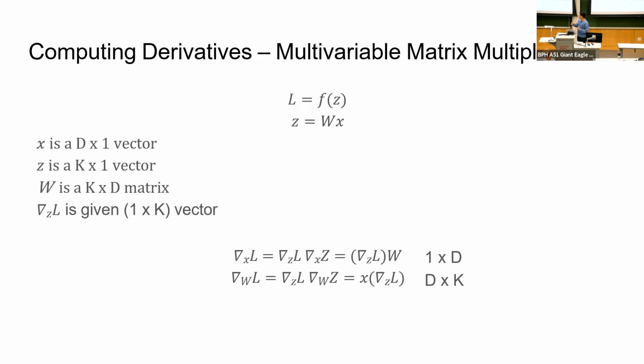And the derivative of L with respect to w is the derivative of L with respect to z times the derivative of z with respect to w. And in this case, the first part of it is just x, so we get a d by k matrix. Here, the order really matters. So if you see the placement of x right here, if we were to move this after del L by del z, it's going to create problems because the dimensions wouldn't add up. This was not the same as the scalar case.